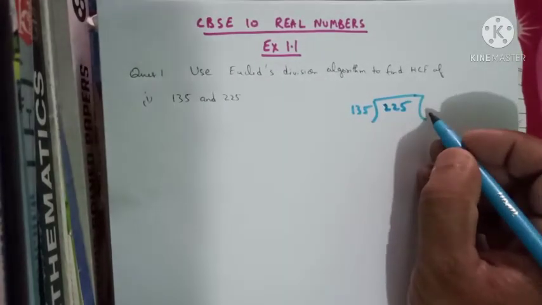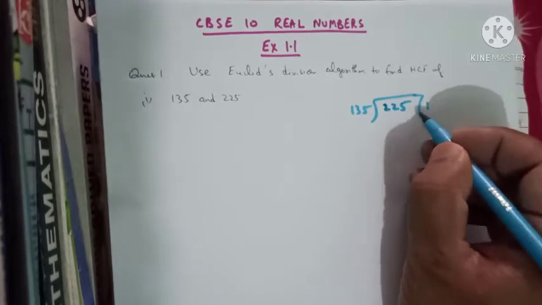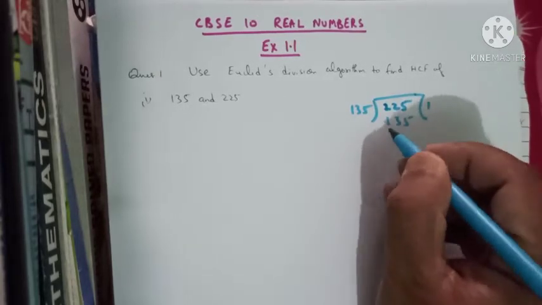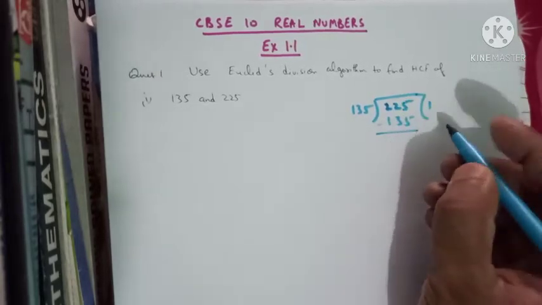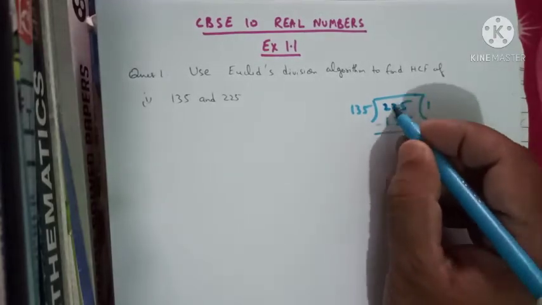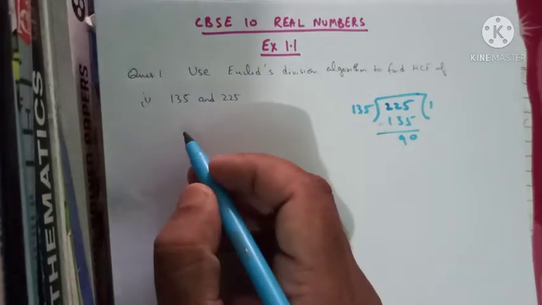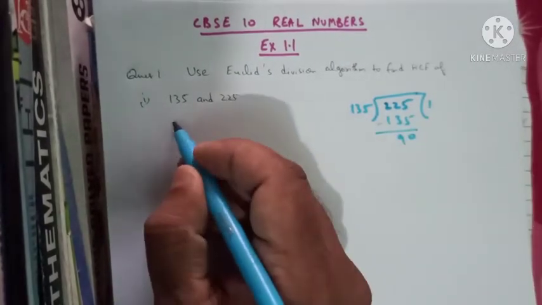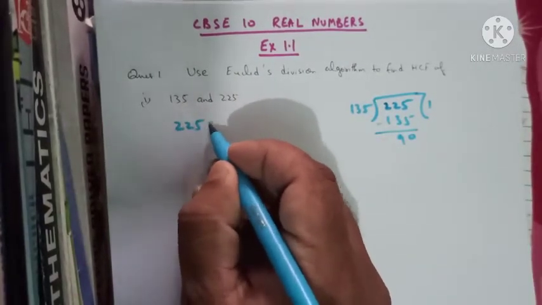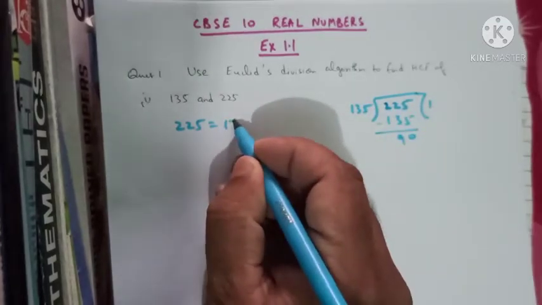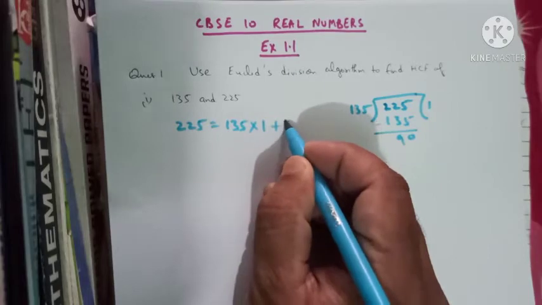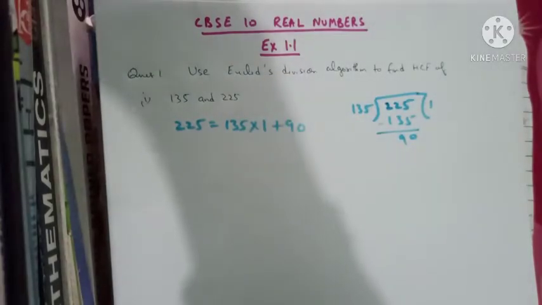Then we are dividing: 135 ones are 135, and when we subtract we get the remainder as 90. So it will be written: dividend, that is 225, is equal to divisor, that is 135, times quotient, that is 1, plus remainder, that is 90.